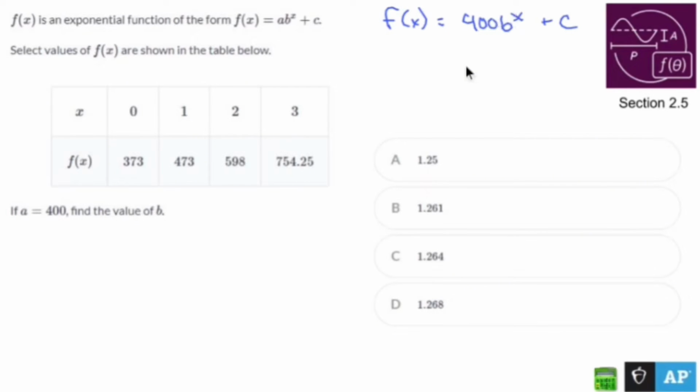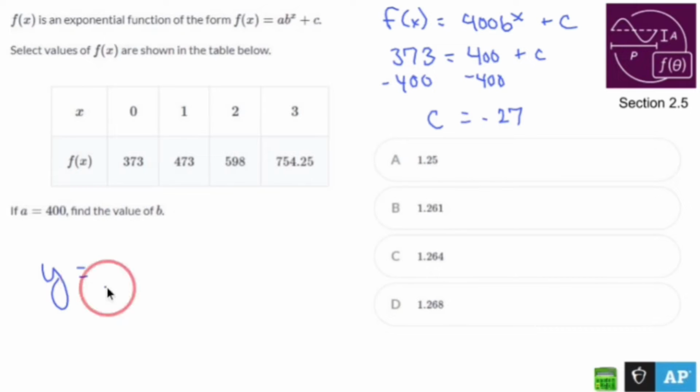I'm going to let x equal 0, and I know when I plug in 0, I get 373. So 373 is going to equal 400 times b to the 0th power, which is 1. If I subtract 400, that gives me C is negative 27. So that gives me an equation of f of x equals 400 b to the x, which is what I need to find, minus 27.